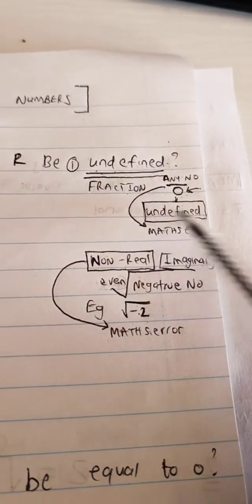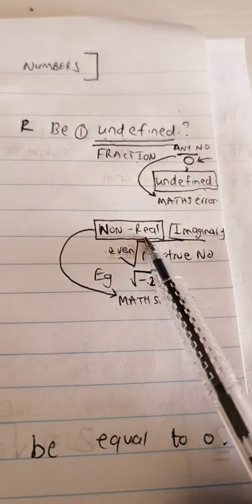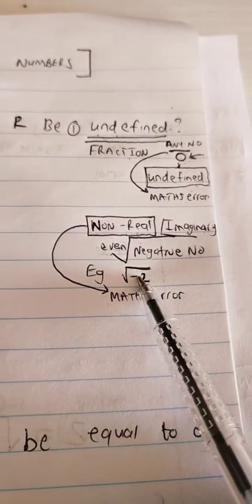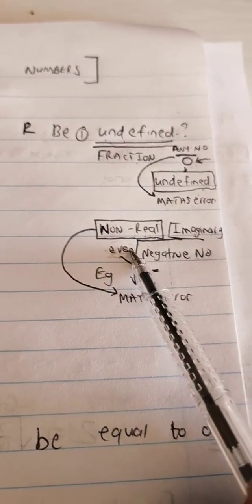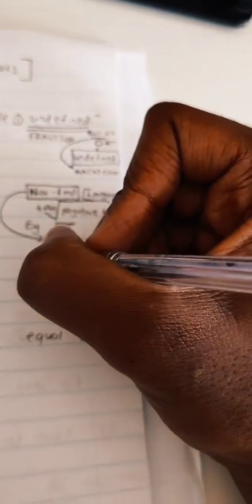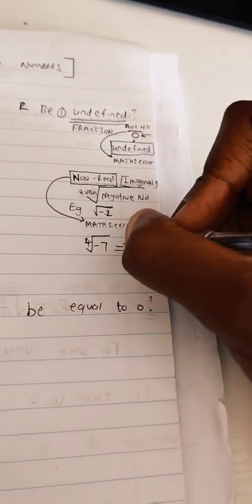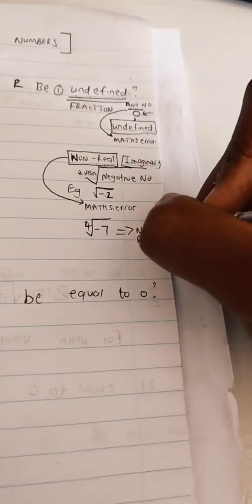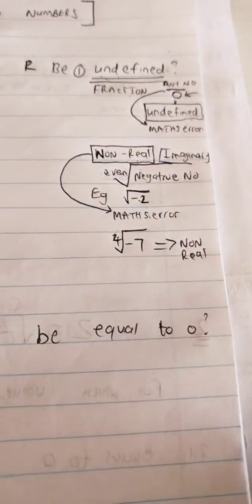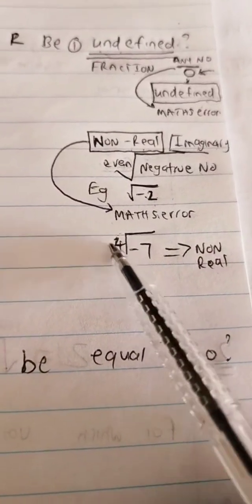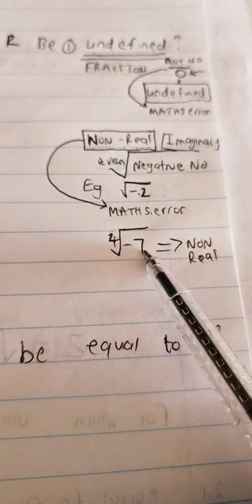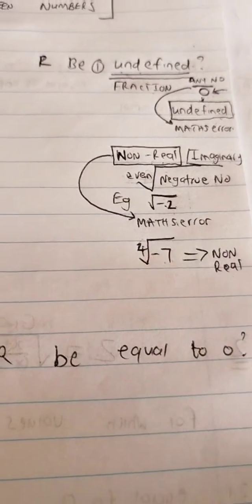Non-real has to do with a negative number within an even root. And by even root, I mean, let's say you had the fourth root of -7. That also is non-real, not undefined, but non-real. Why? Because this is an even root and within it there's a negative number.